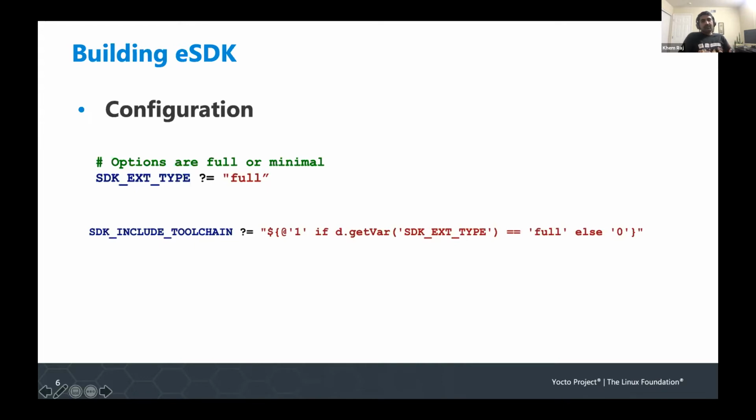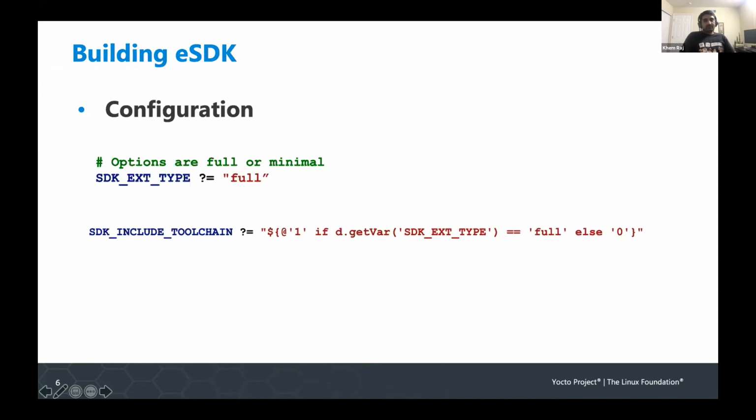So generally that is what we are preferring, and we'll basically have an SDK per machine. For every machine, we'll use the SDK ext type full. We do have multiple images per machine, and we'll see how that pans out. Don't know yet. Maybe we'll need SDKs per image as well, but that remains to be seen.